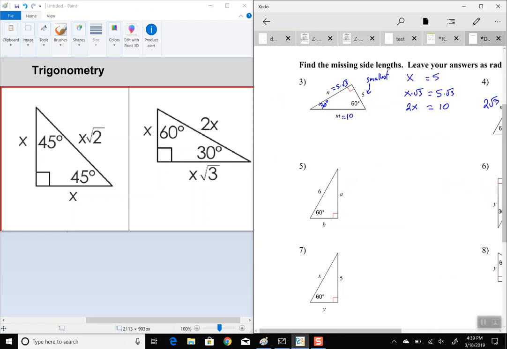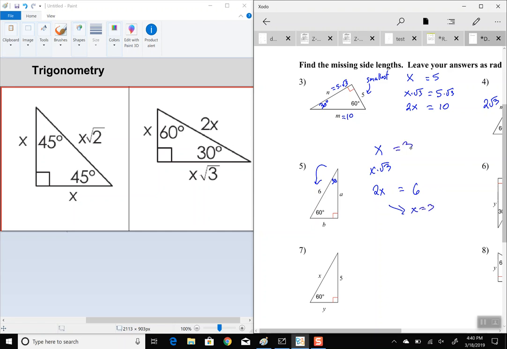Number 5, again, I've got a 60 and 90 degree angle, so this is a 30, 60, 90 triangle. So I know the sides are going to be in this ratio, x, x times square root of 3, and 2x. They gave me the hypotenuse, which is the longest side, so that must be 6. And if I solve for x, it would be 3.